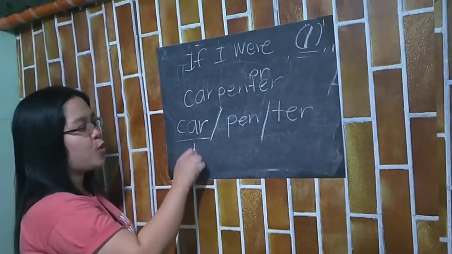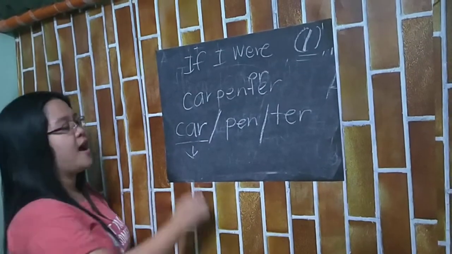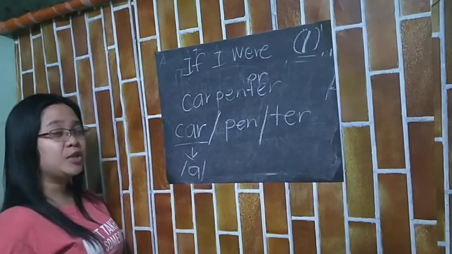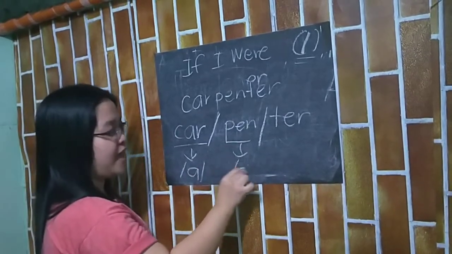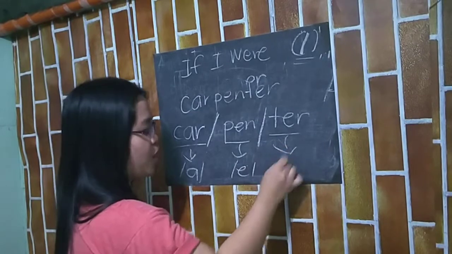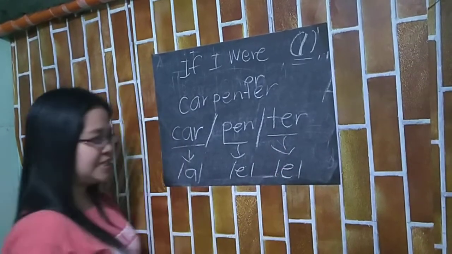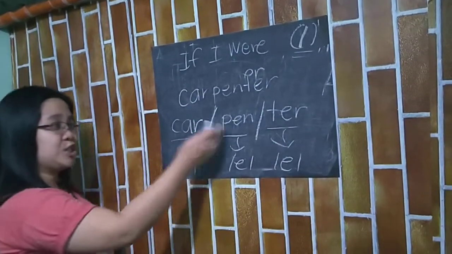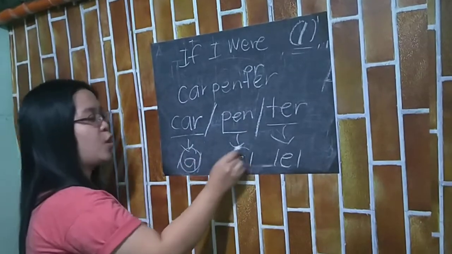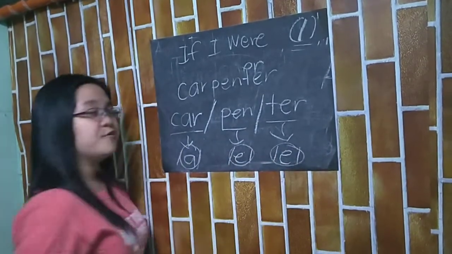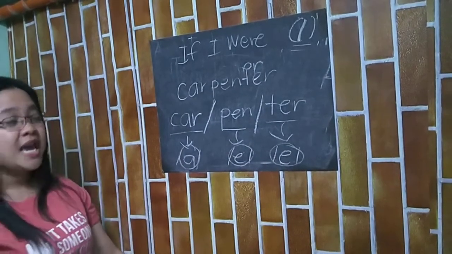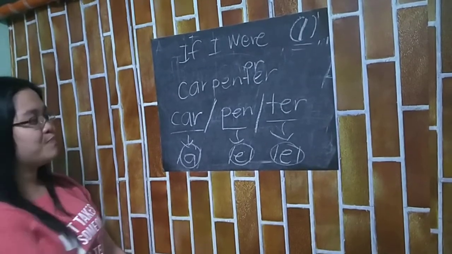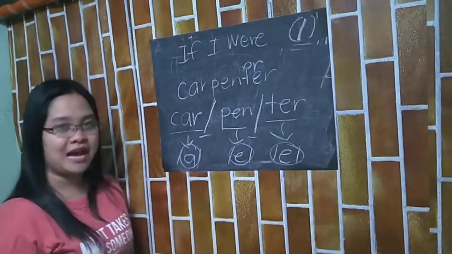On the first part, what vowel sound can we hear? On the second one, we have e. And on the third one, we also have the vowel sound e. On each part, there is always one vowel sound.